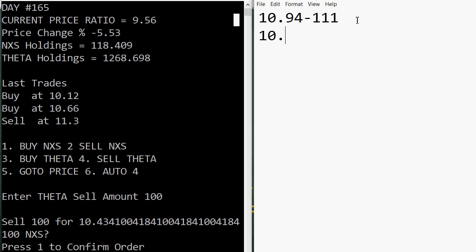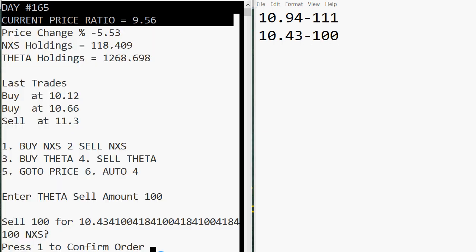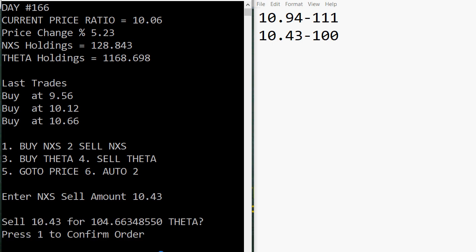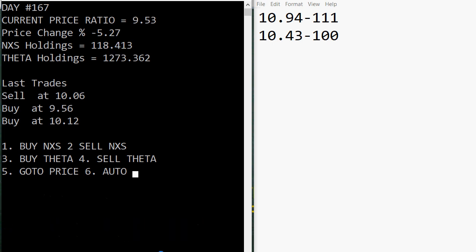But I have a fun way of playing it that I can get some good gains here. So here's how it works. I'm always going to be rounding these numbers down for a reason. What I'm going to do is sell that 10.43, which will net me 104.6 Theta. And it goes down, I'm going to sell 104 Theta.